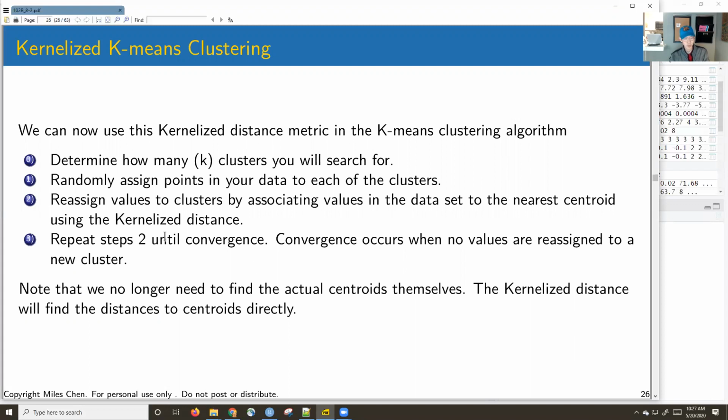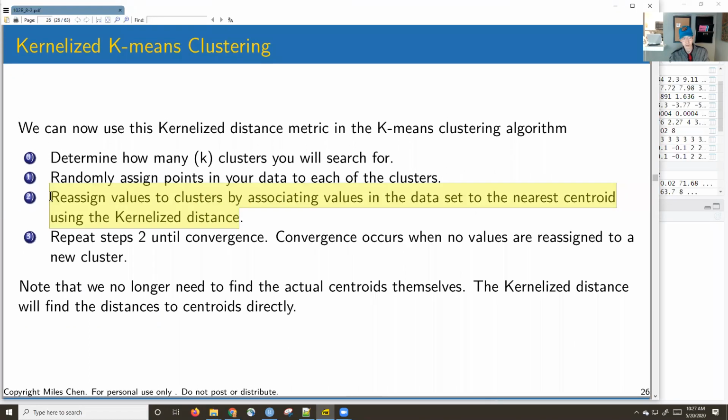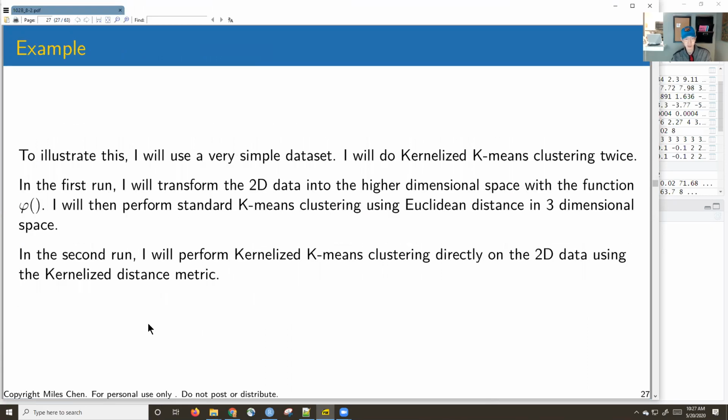We repeat this step of reassigning values to clusters by associating the values in the data set to the nearest centroid using that kernelized distance. We no longer need to find the actual centroids. The kernelized distance will find the distances to the centroids directly.